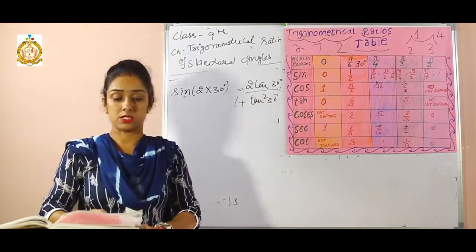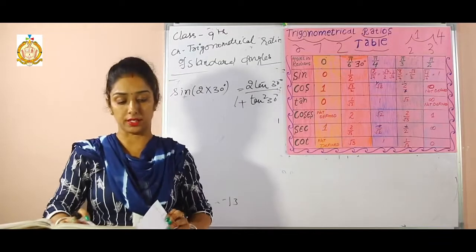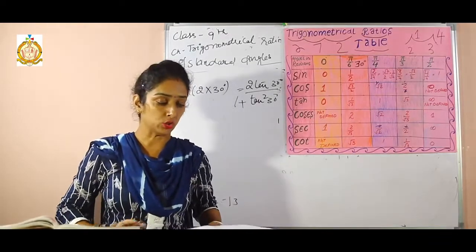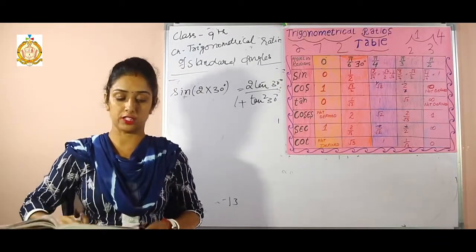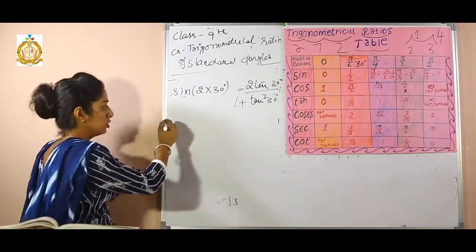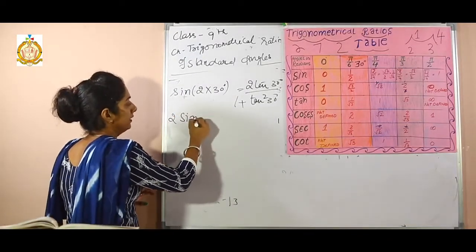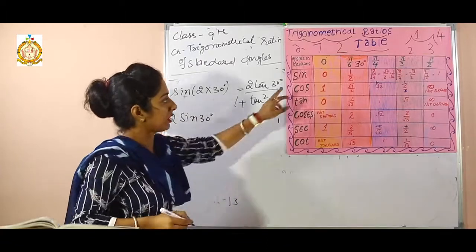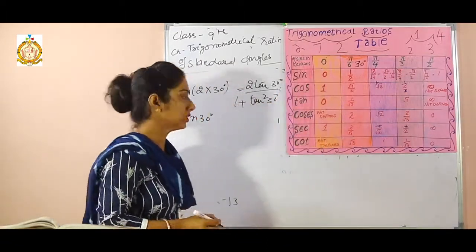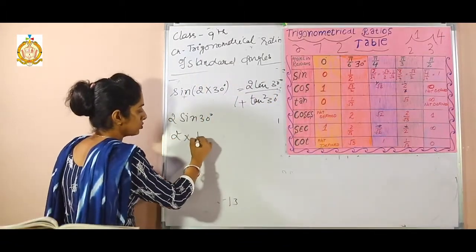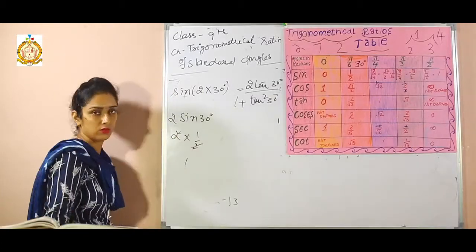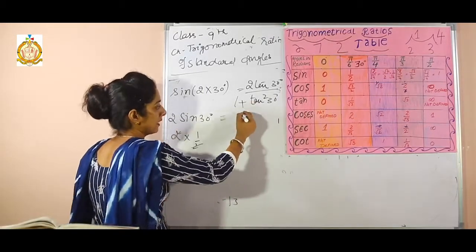Now see, sine 2 times 30 degree. First of all, you have to find the value. You can write it as sine 60 degree. Now sine 30 degree is 1 over 2. Now 2 into 1 over 2, that is 1.